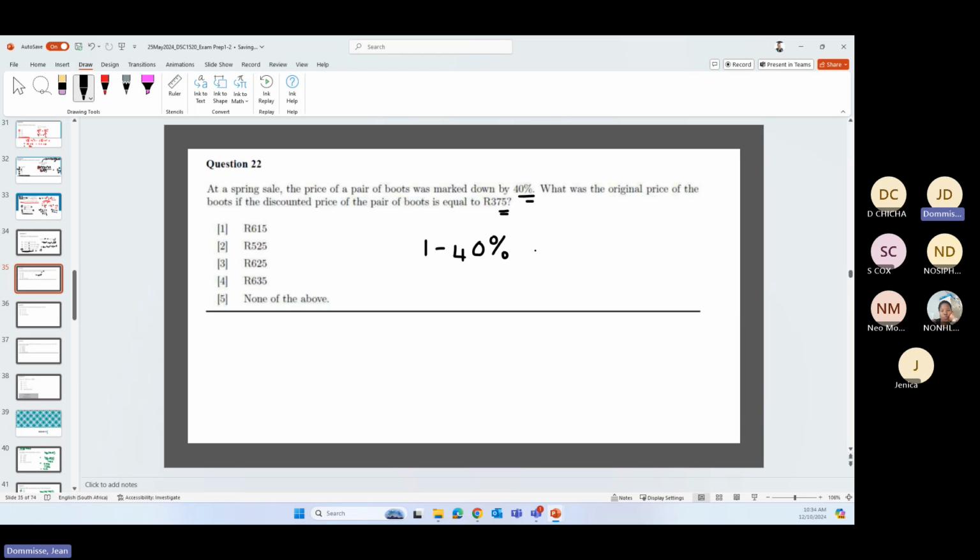So that marked down price is now equal to 375. And so that means that the marked down price of 60% is equal to 375. So if I want to get to the original price, I need to say 375 divided by 60%.